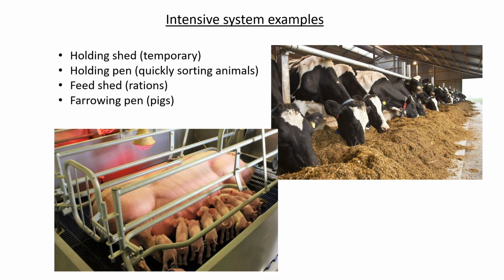Then we have different types of examples of intensive systems. The first one is known as a holding shed, and here it's important to note the word in parentheses: temporary. Usually a holding shed is literally used to keep animals in a shed for a small amount of time. Usually during the day the animals are brought inside to eat maybe, but they can go outside after a while.